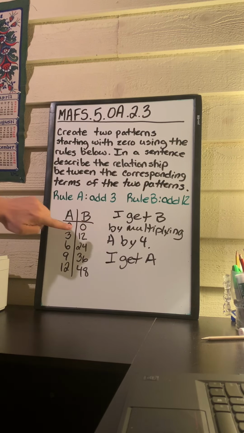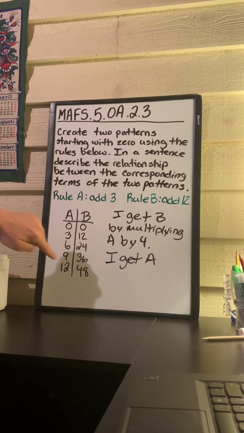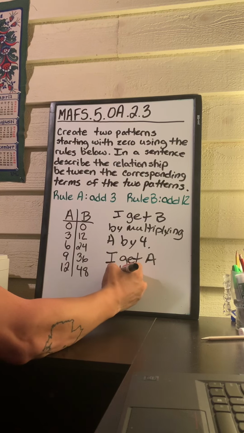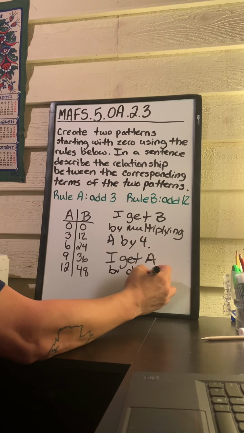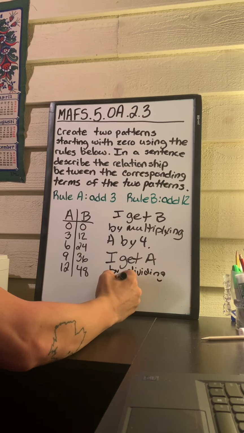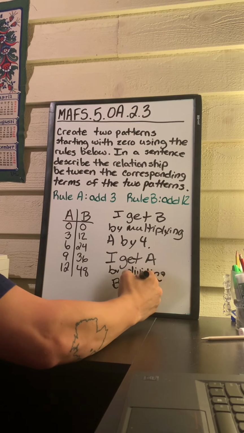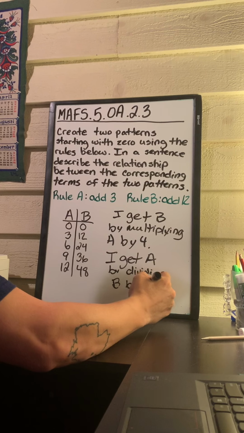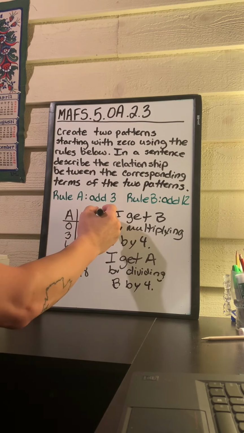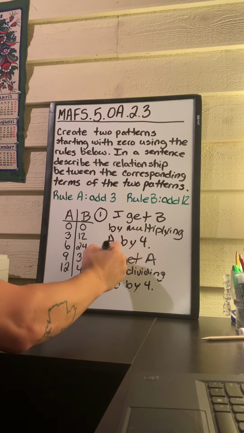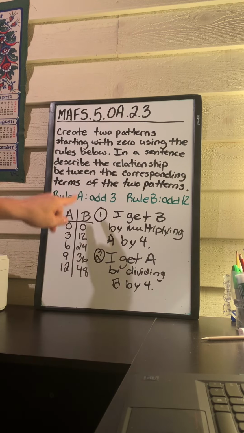So if I look, I'm going in the inverse direction. So I get A by dividing B by 4. So these are two relationships that we identified based on corresponding terms.